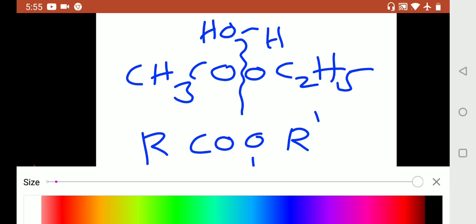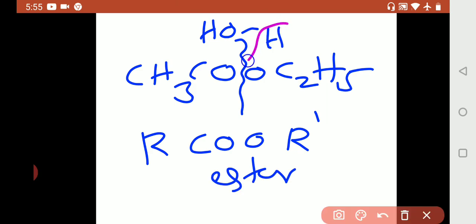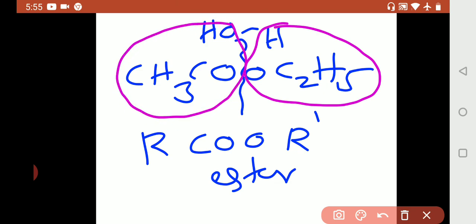Now combine these two parts, C2H5OH alcohol and CH3COOH carboxylic acid. Okay, so in this way also we can remember easily. We can identify and write the reaction for hydrolysis of esters to produce carboxylic acids.